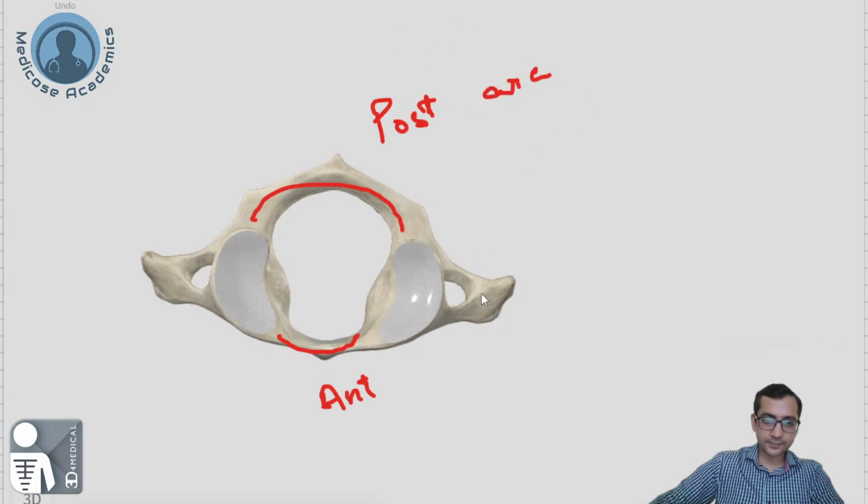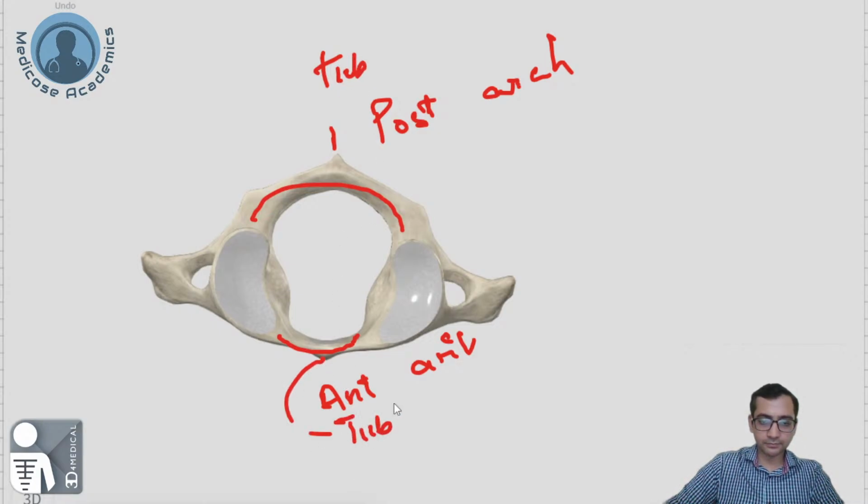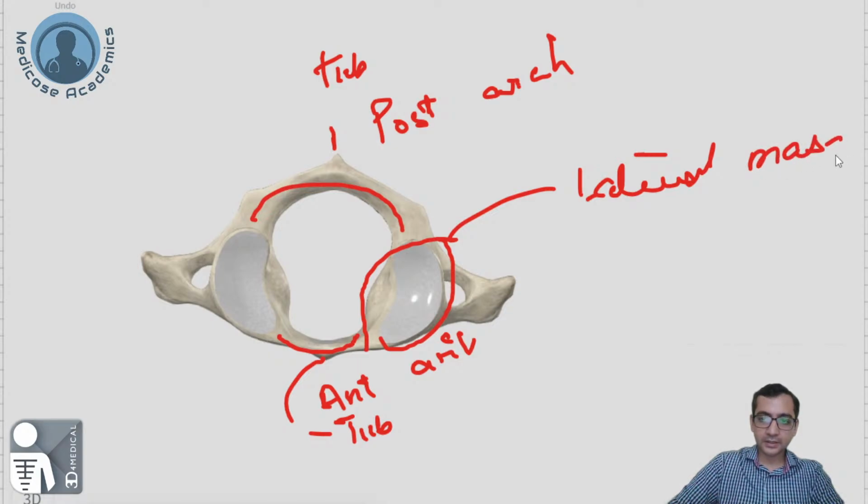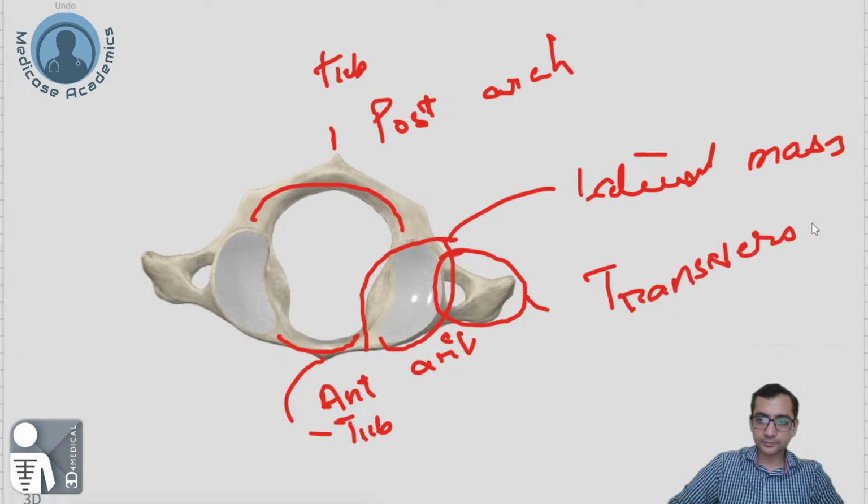These are the two arches, and on the midline there is a tubercle: a posterior tubercle and an anterior tubercle. Simple. The rest of the part is called the lateral mass. And here is the transverse process. So these are the parts.